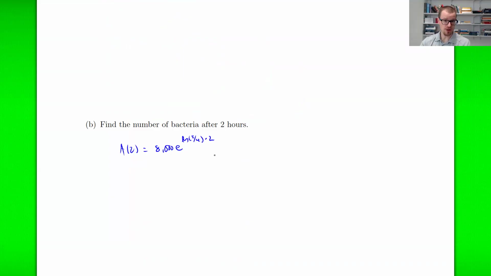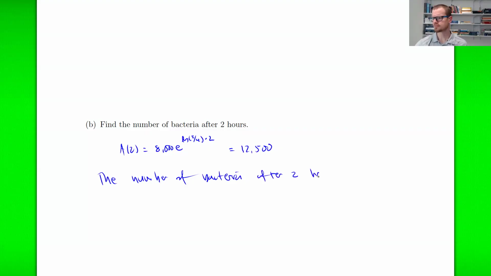We can just punch it into our calculator right as it is. Either way you go, you should find that this is 12,500 when you evaluate. So we say the number of bacteria after 2 hours is 12,500.